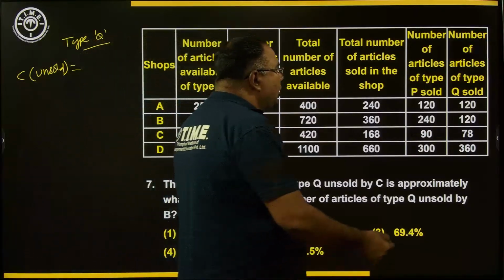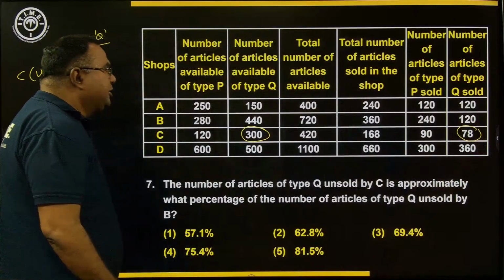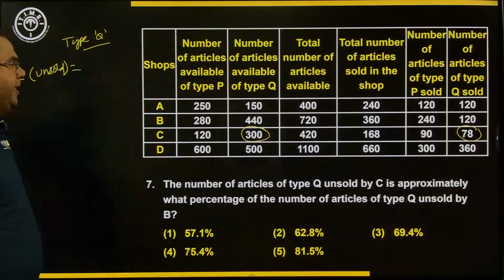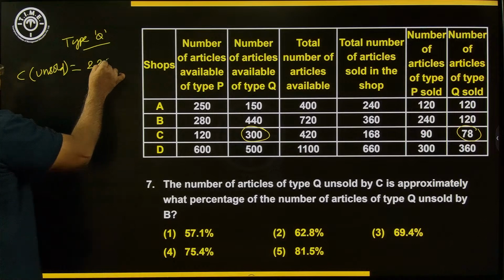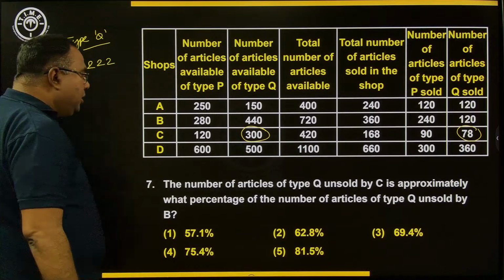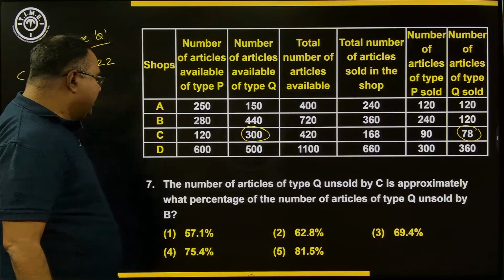How many were sold? 78. So 78 were sold means how many were unsold? 222.